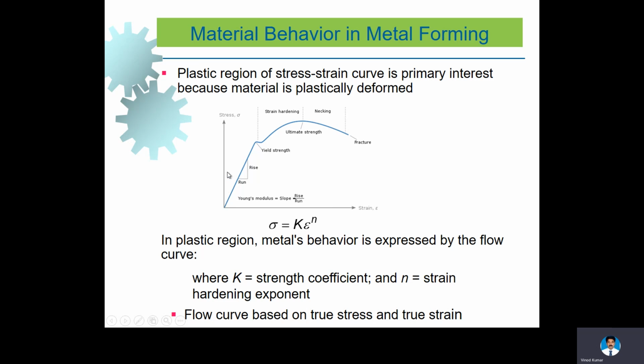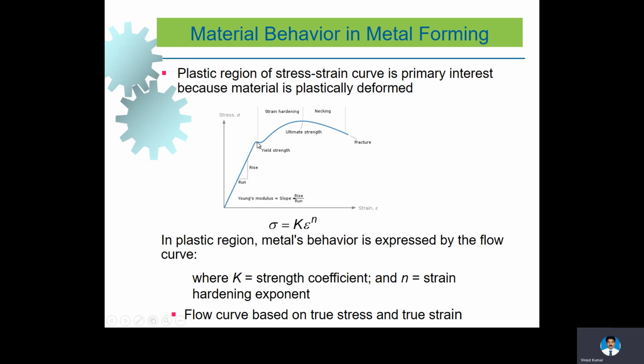If you apply a stress in a material above its yield strength, the material will undergo plastic deformation, and by plastic deformation you can change the shape and size of a material. This process we call the metal forming process, and we utilize the area above the yield strength, where the material undergoes plastic deformation, and then we can change the shape.